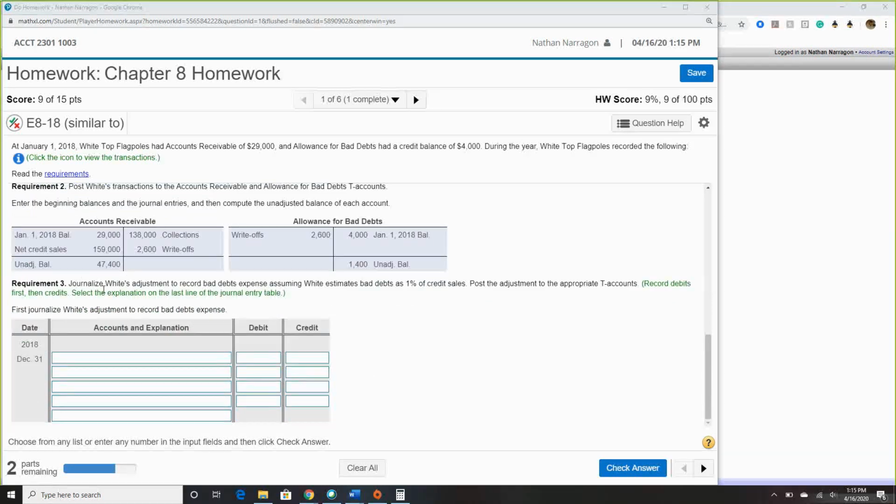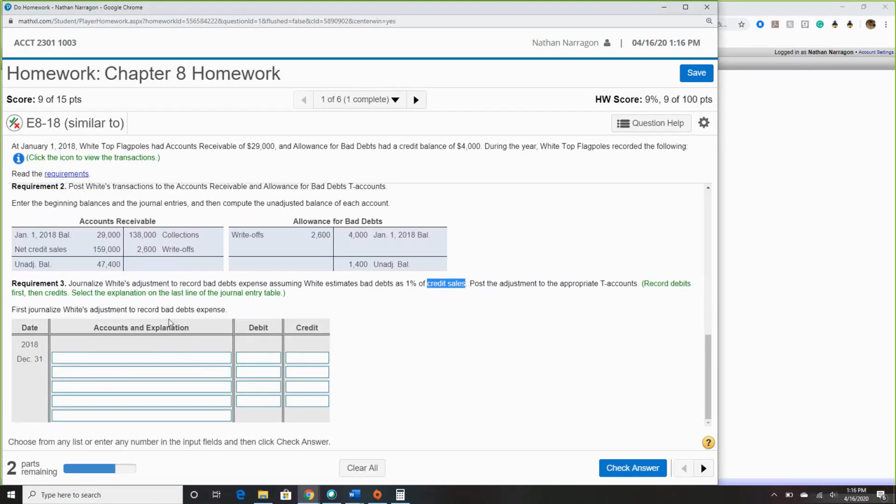Journalize Wright's adjustment to record bad debt expense, assuming Wright estimates bad debts as 1% of credit sales. Post the adjustment to the appropriate T accounts. We don't have T accounts right now.